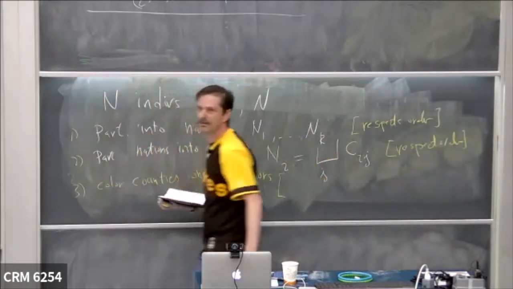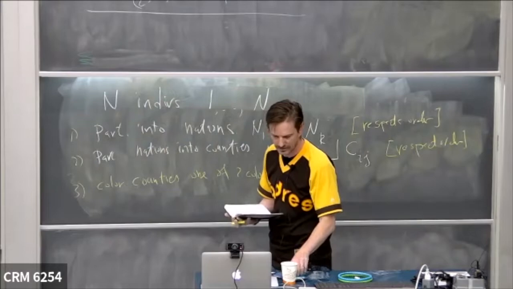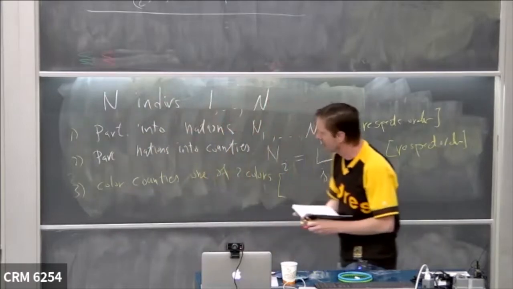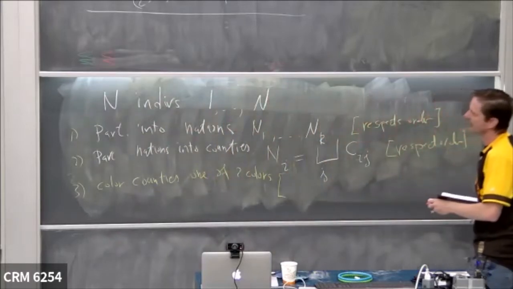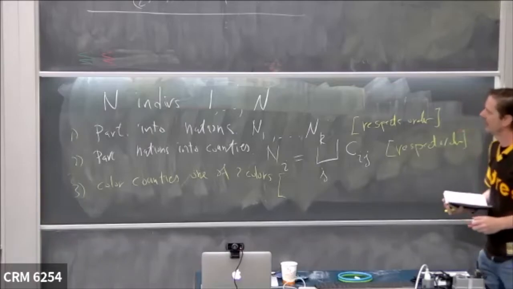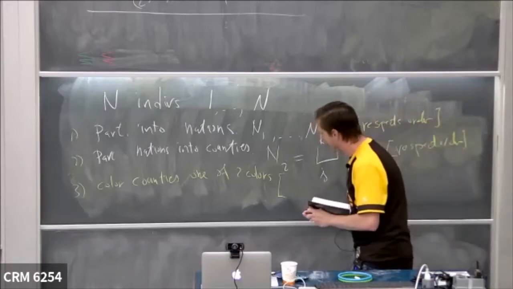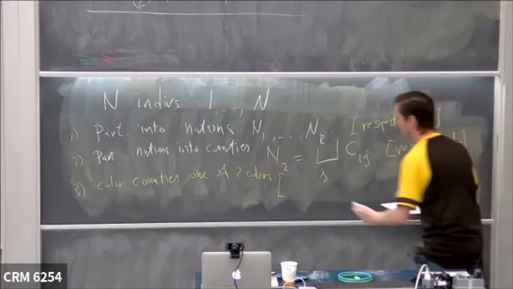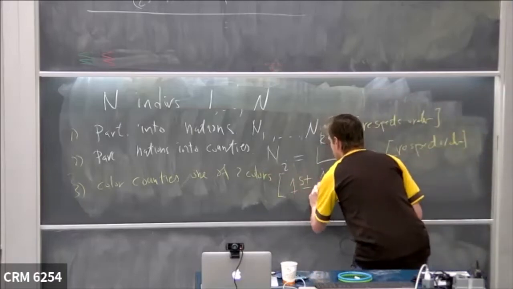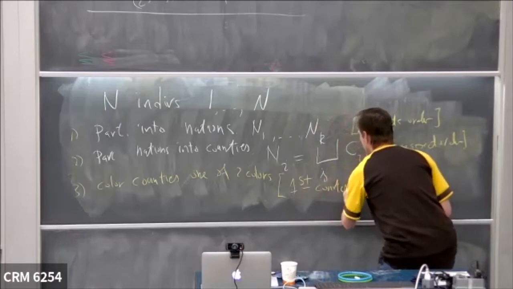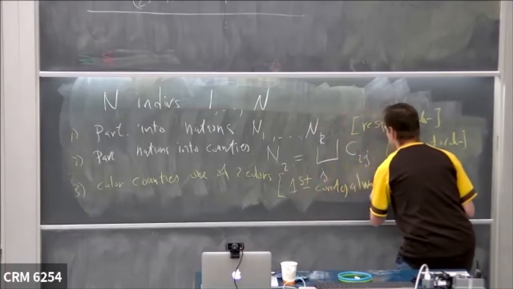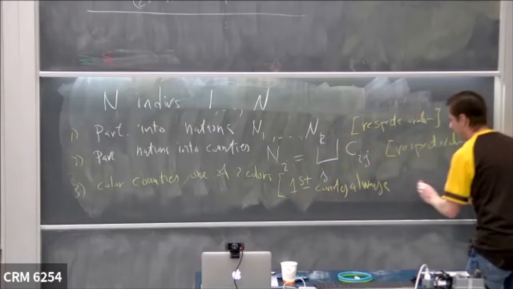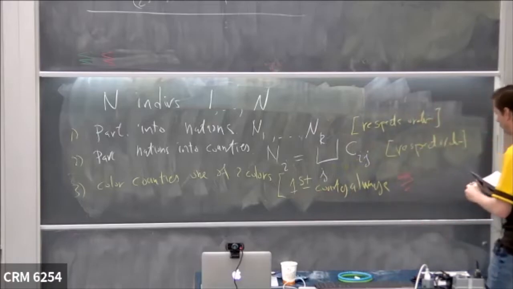Can you see that? Let's see if red's any better. Red's better? Okay, good. So the color of a county is one of two colors, and the first county is always, you guessed it, red.